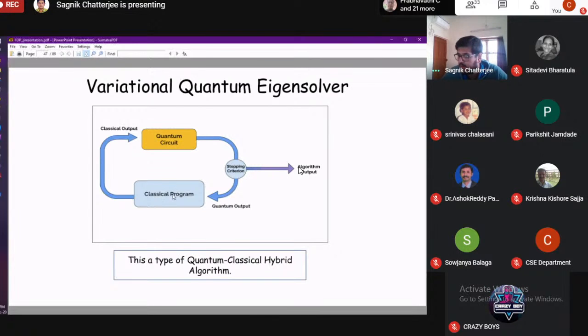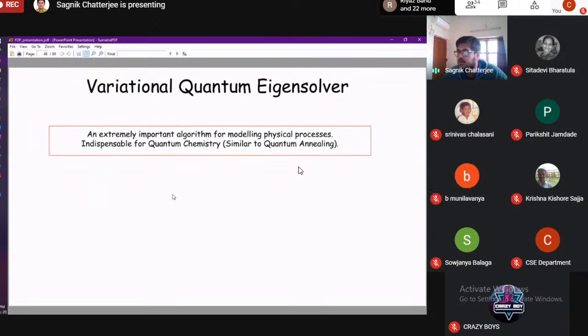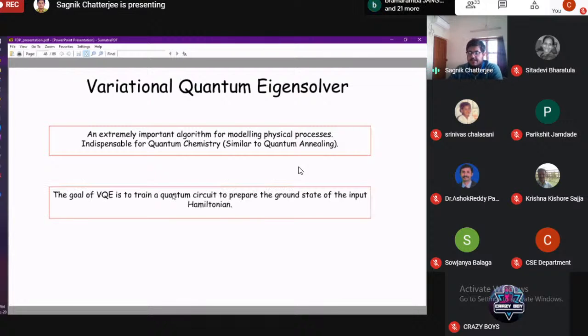So what happens with a quantum eigensolver? Similar to quantum annealing, which we claimed was used for molecular dynamics simulations, even VQA is used for quantum chemistry simulations. What we do is we train a quantum circuit to prepare the ground state of the input energy.